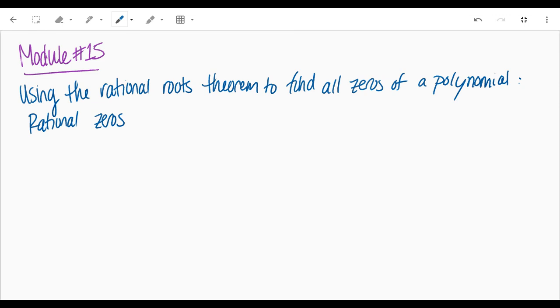Okay, so remember that we can find all of the possible zeros as P over Q, where P is factors of the constant that's at the end of a polynomial, and Q are factors of the leading coefficient.